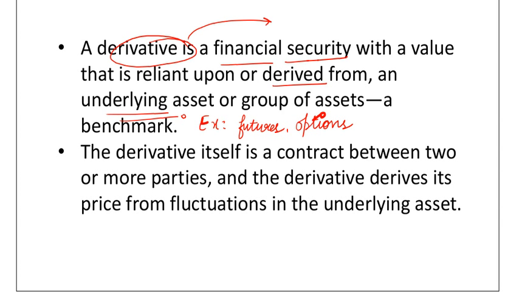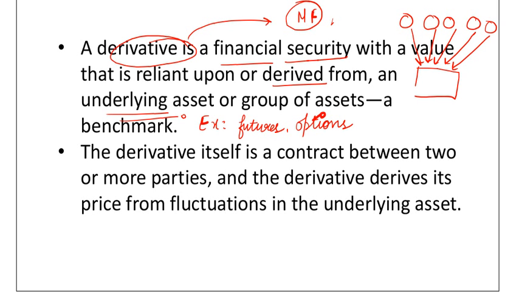So for example, say there is a mutual fund, we all know about mutual funds. In a mutual fund, there is a pool of investors who invest a certain amount of money and make a pool of money, and then they can invest in different kinds of sectors, or in a particular kind of portfolio.